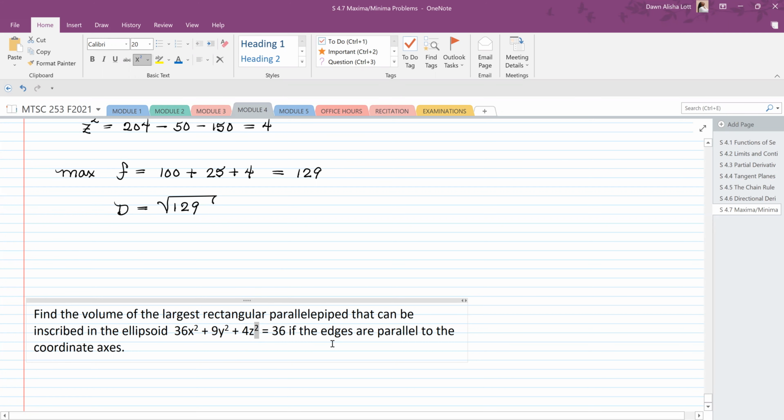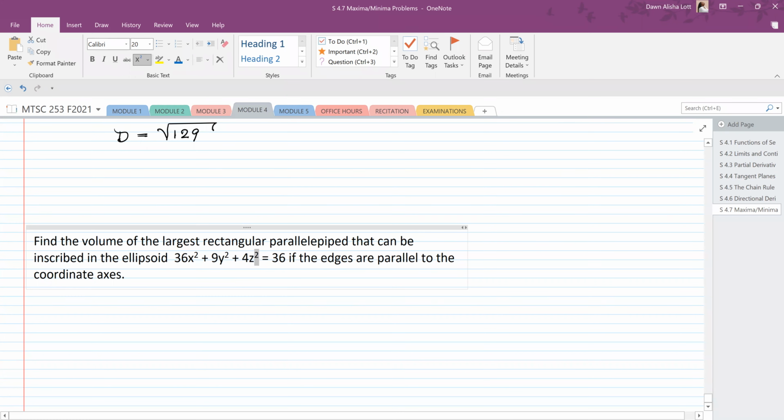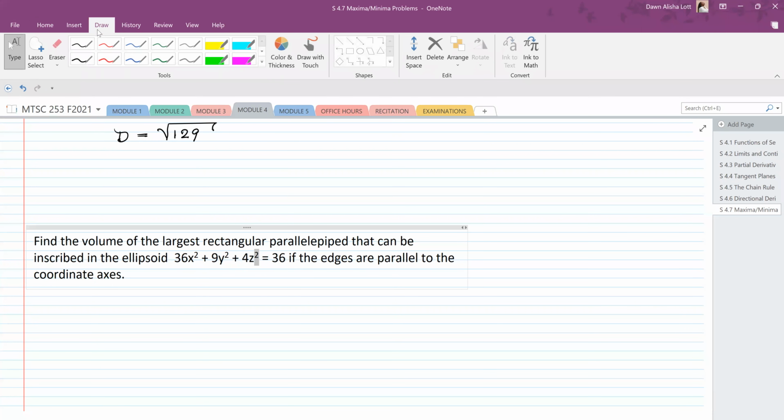All right, so we are trying to maximize the volume of a parallelepiped. So now this is a kind of weird one. Let me try to draw it for you. So here's what we have. We have an ellipsoid first.